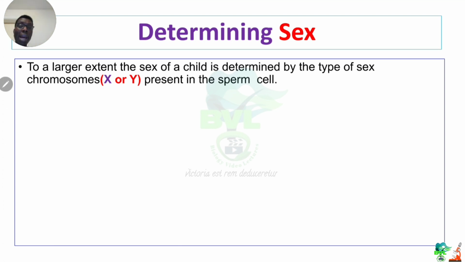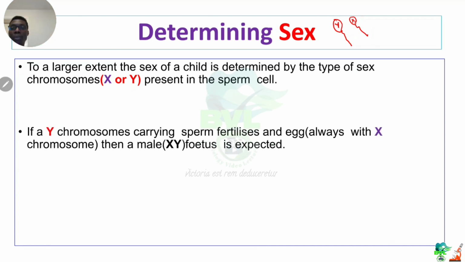In a man's body we have millions of sperm cells, if not billions. Some sperm cells have Y chromosomes as their last 23rd chromosome, and some have X chromosomes. You must know this. This is the real thing that determines that.